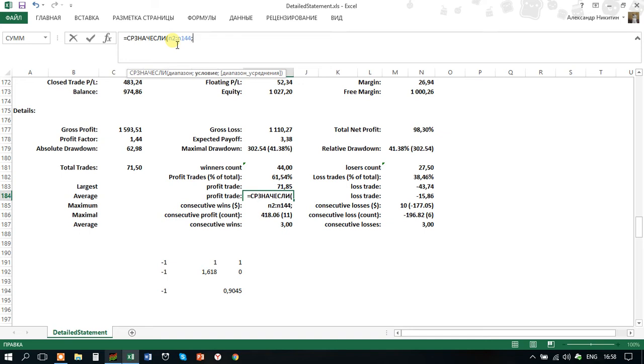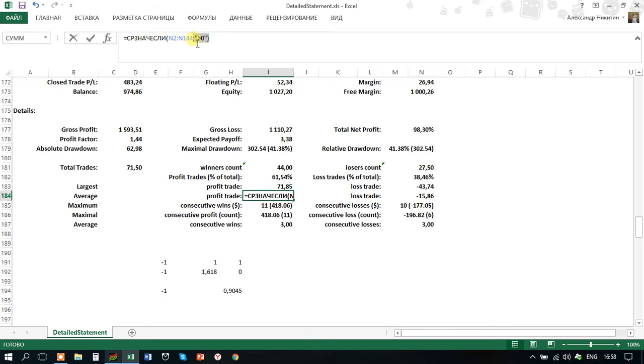And what is the criteria? The criteria should be more than 0. Yes. So this means find the average of winners. This is the formula. Easily. So the average of winners is 18, 19, not 21.